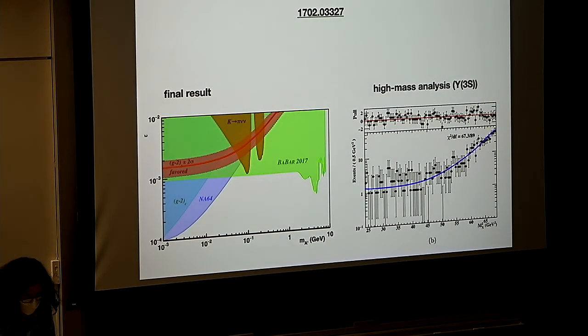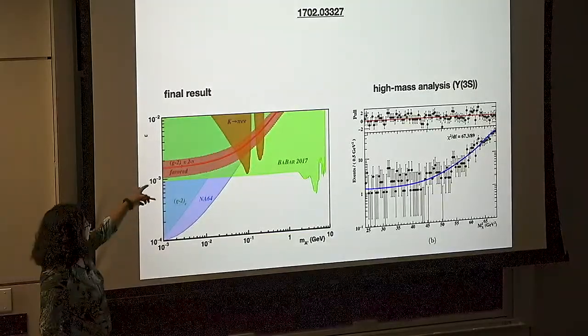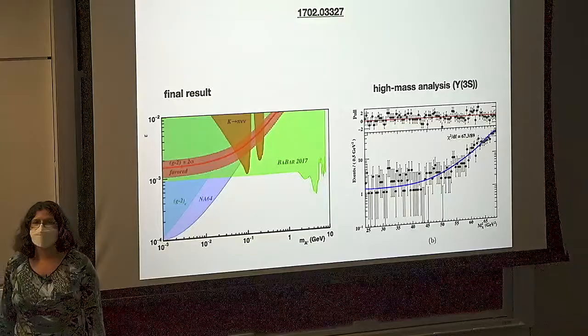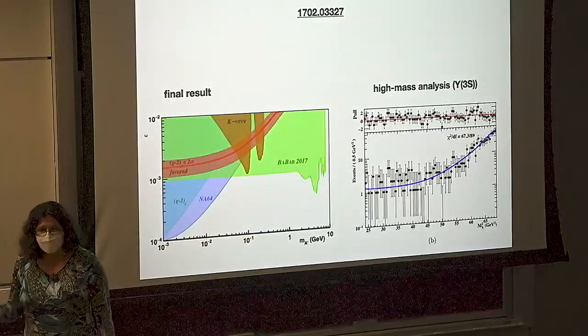And their sensitivity, this was the 2017 paper, right around the 10 to the minus 3 level. So that's telling you roughly that they were dealing with signal efficiencies at the 10% level.